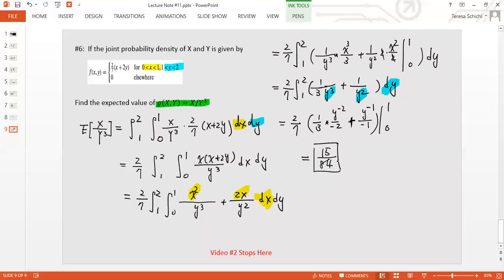For the continuous case, you just integrate over the x and the y, right? The only thing to be careful about is that when you integrate over x and y, your limits have to match what is defined in the domain. All right, that's it. It's a pretty easy definition, right?